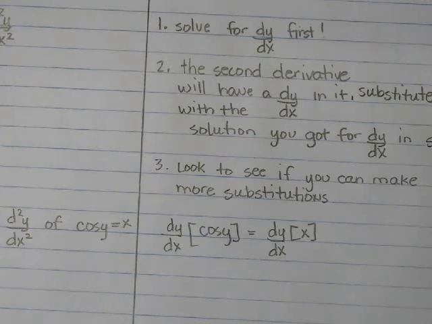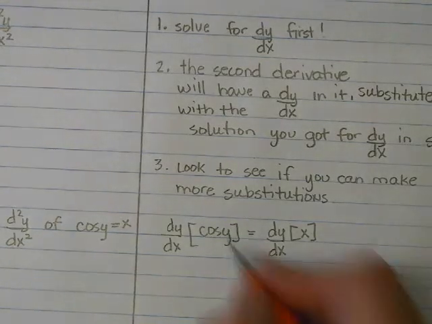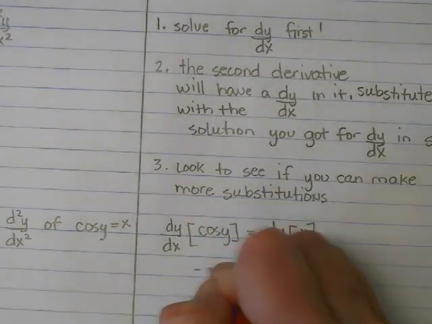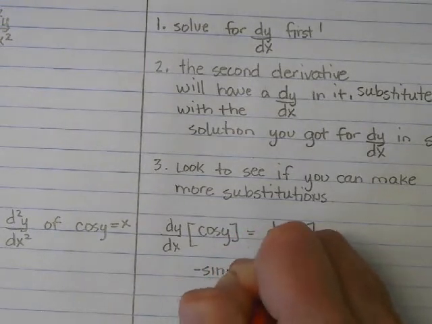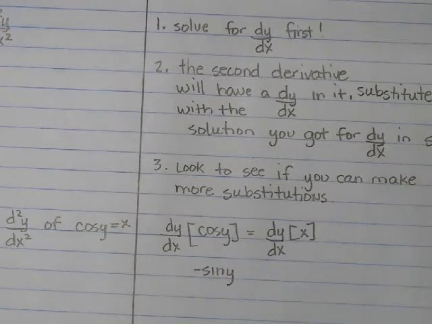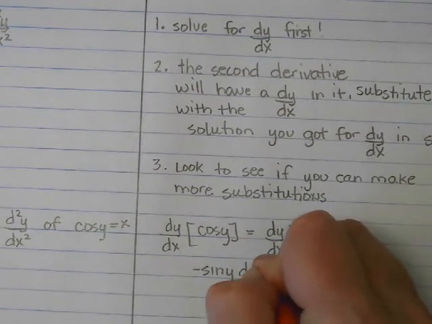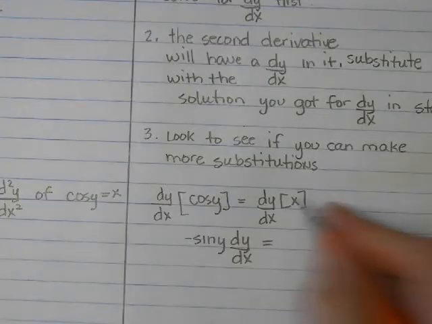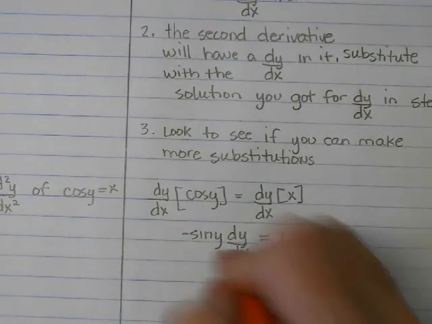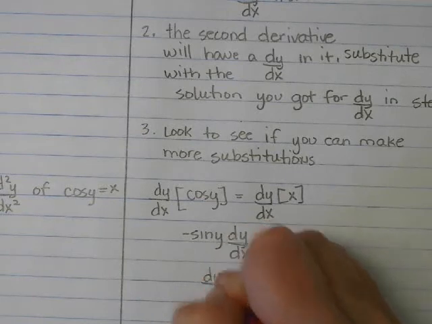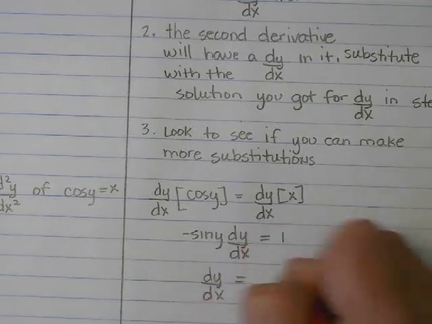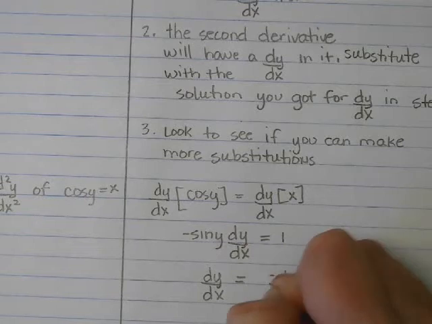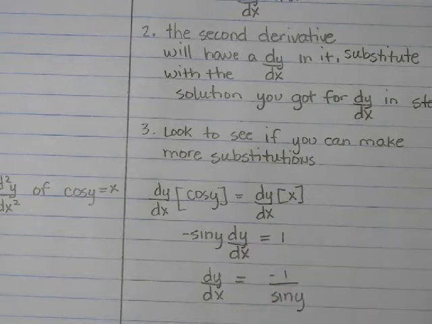Her little baby's a y. Okay, so we're going to say derivative of cosine is negative sine, leave the baby in, and then take the derivative of the baby, dy dx. The derivative of x is just 1. So we know that dy dx is negative 1 over the sine of y.